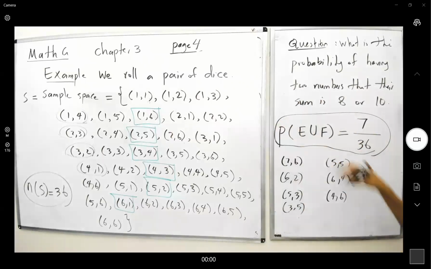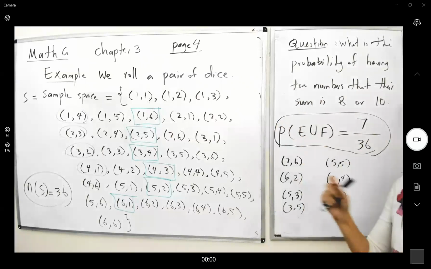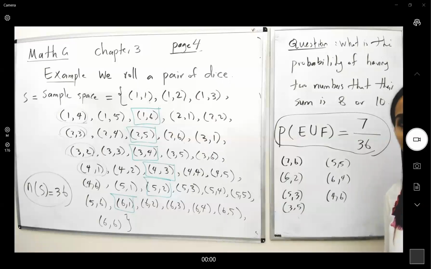There is no intersection between these two sets. So remember that the intersection is empty. The cardinality of the empty set is equal to 0. So this is the probability that the sum is either 8 or 10.